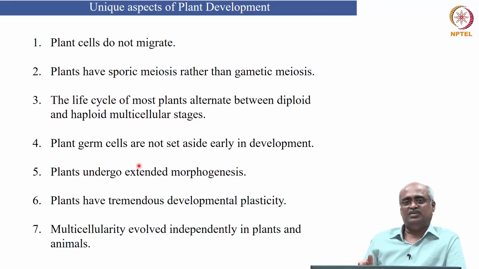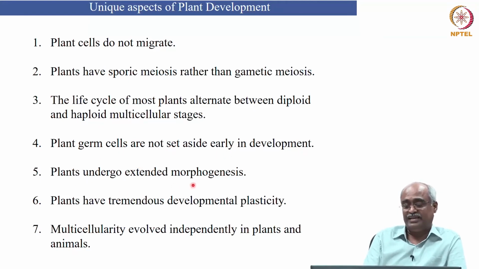They make a lot of cells and then a lot of different kinds of cells, and germ cells are not one of those kinds. So they do not set apart germ cells during early stage of development. Okay. In that sense, any plant cell can become a germ cell if the situation warrants so. That is an interesting aspect of plants. They do not make germ cells in early development.